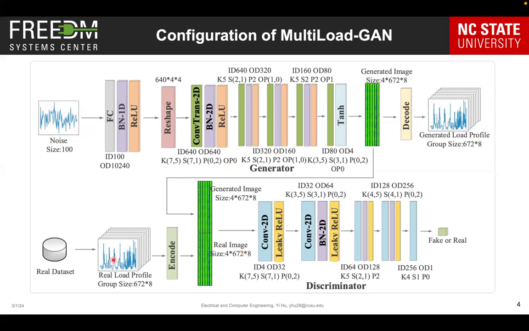For the discriminator, from the real data set, we take the node profile group, and then we encode it into an image, to distinguish the difference between the synthetic generated data and the real data. So in this way, we can transfer the time sequence node profile into an image so that we can use some image processing technologies to deal with this kind of power system time sequence data processing task.